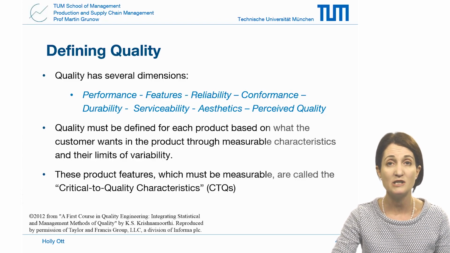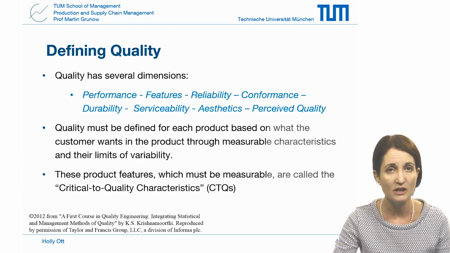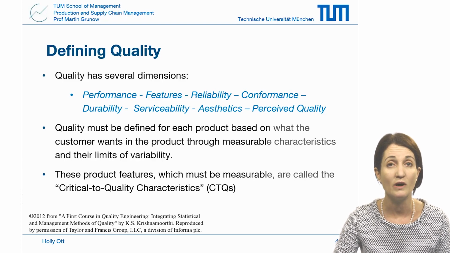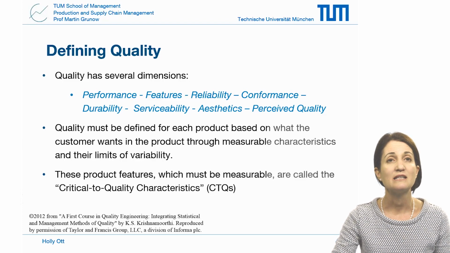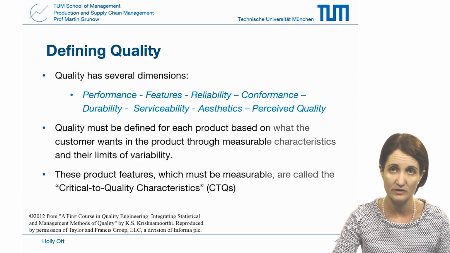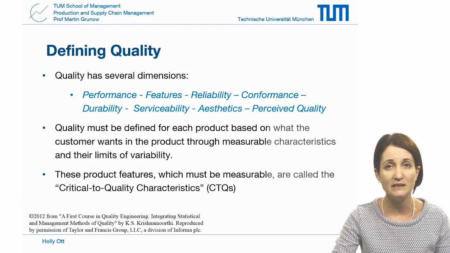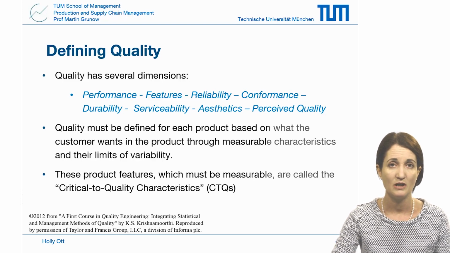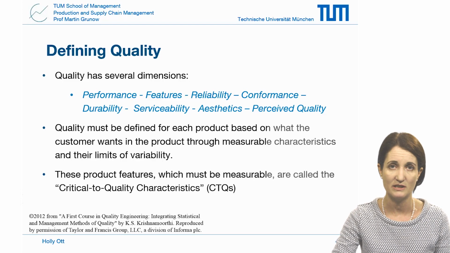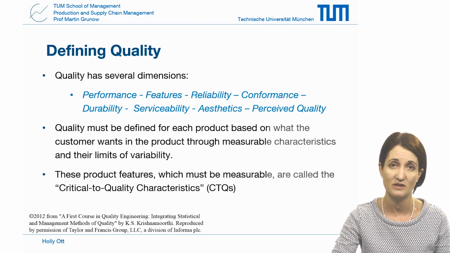So quality must be defined for each product based on the particular customer needs, what they want in the product, and this is part of our course: this has to be done through measurable characteristics and their limits of variability. So for a complete definition of product quality, we need to stress the importance of identifying the needs and expectations of a customer.